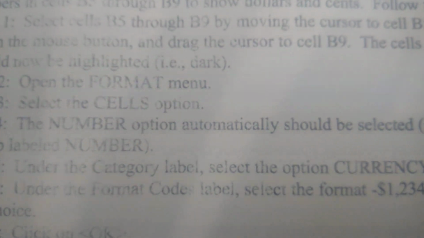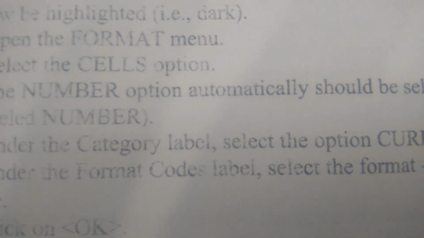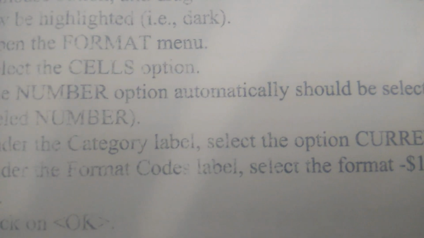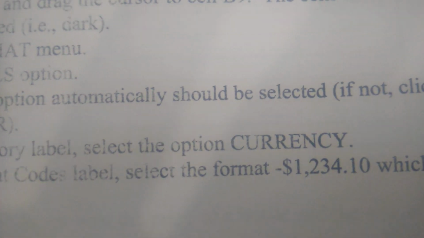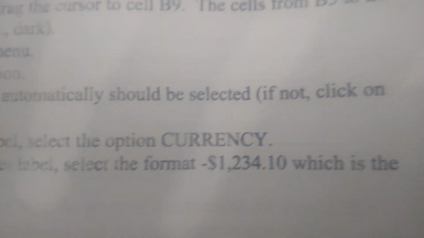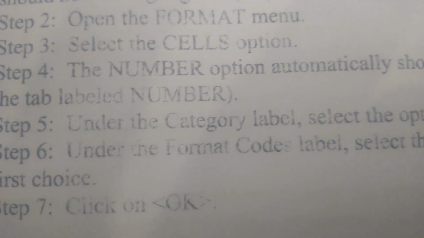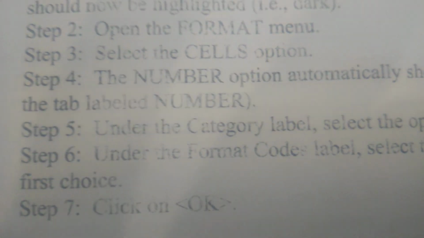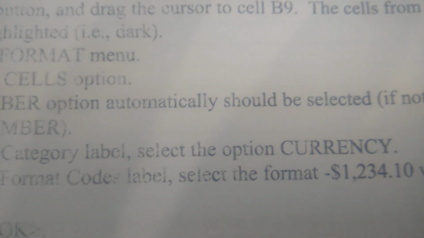And then in step 5, under the category label, select the option currency. And in step 6, under the format codes label, you need to select the format $1,234.10, which is the first choice.